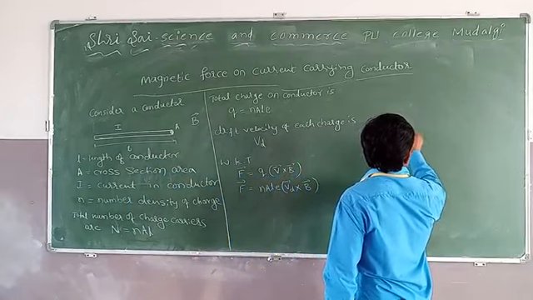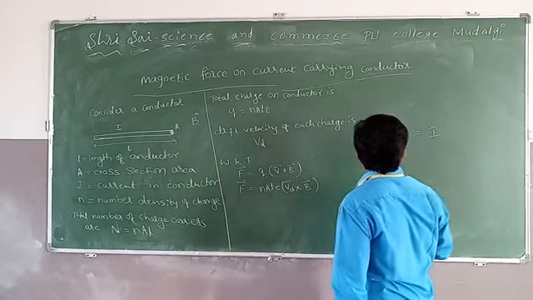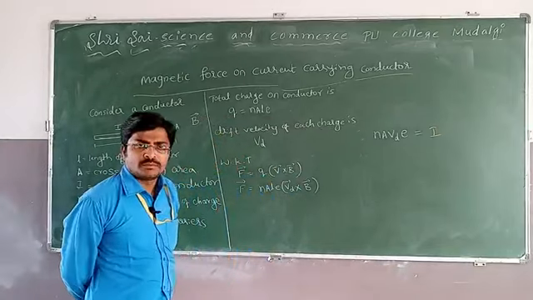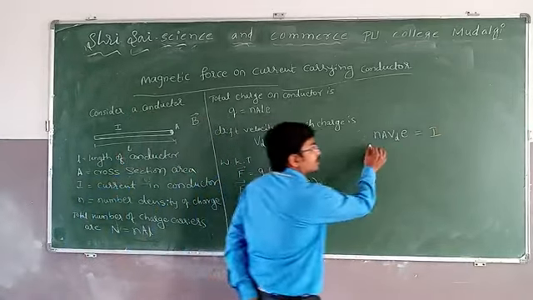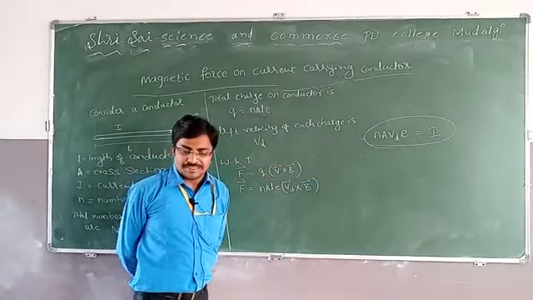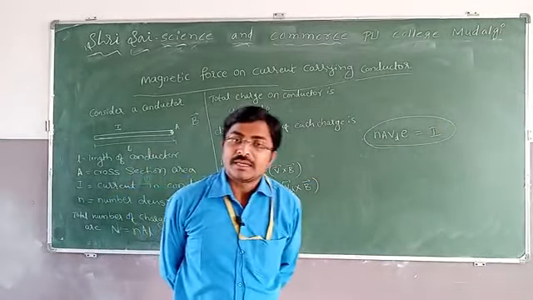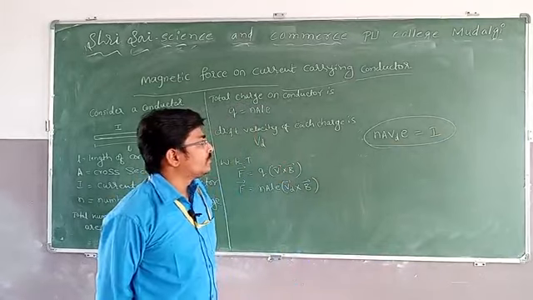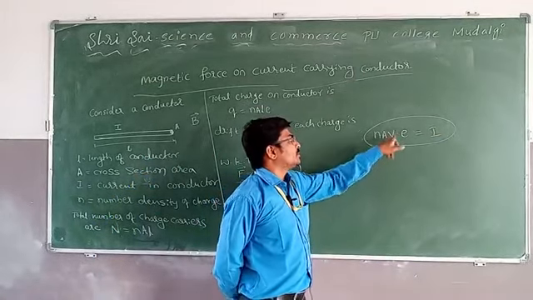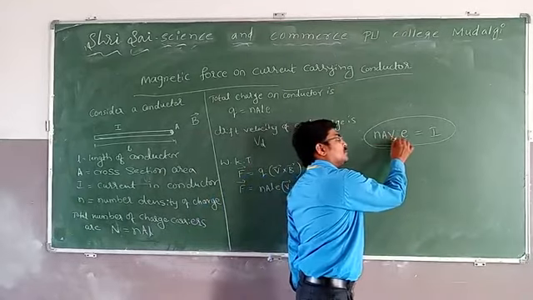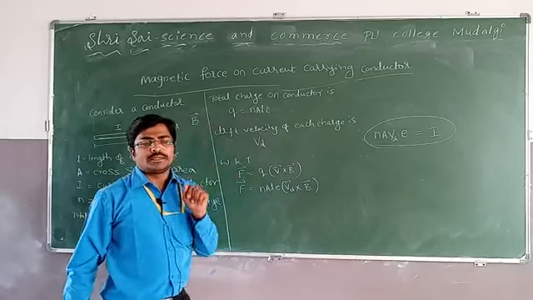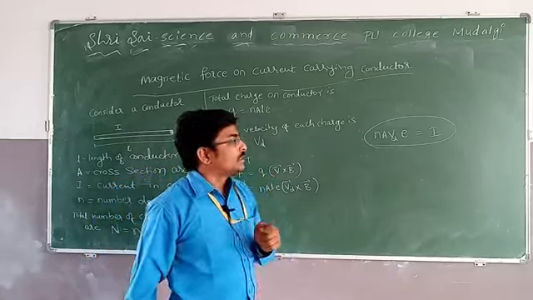Here we know one more thing, that NaVdE is equal to I. This also we know. Where did we study this equation? This equation we studied in a previous chapter, the current electricity chapter. Drift velocity: NaVdE is equal to current.